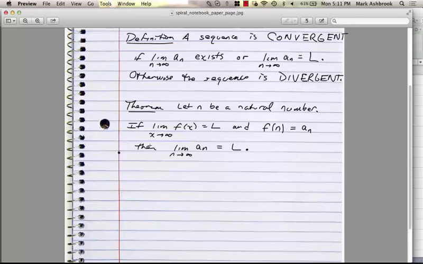Okay, so for example, the limit as n goes to infinity of 1 over n to the r. So what do you think that equals? 1 over n to the r.